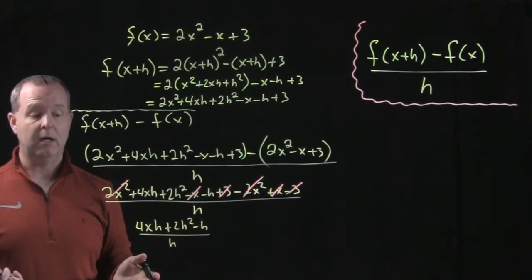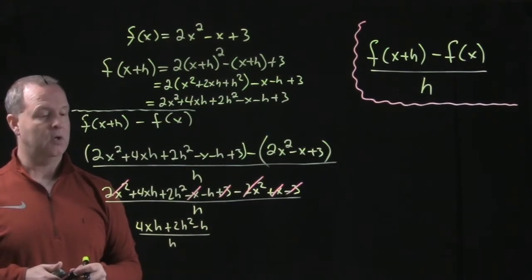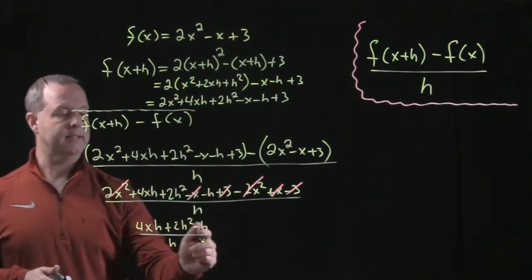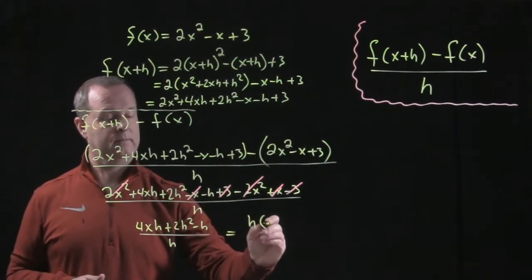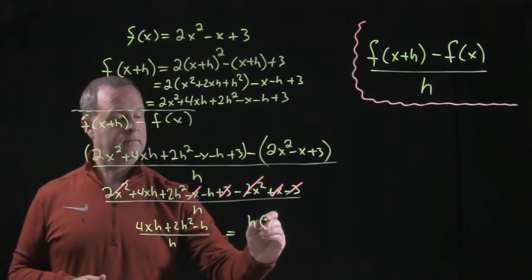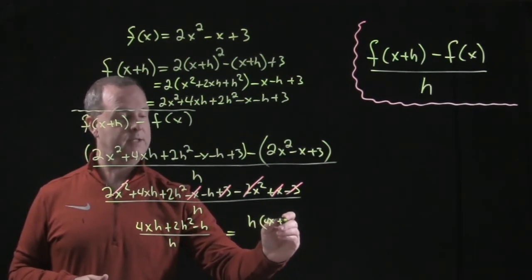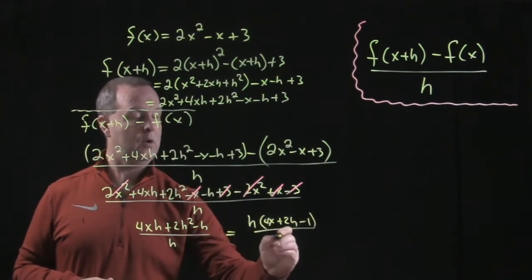Okay, there's no more like terms, but I was saying h an awful lot there. So it looks like what I can do is let's go ahead and factor out an h. So that's h times 4x plus a 2h minus 1 all over h.